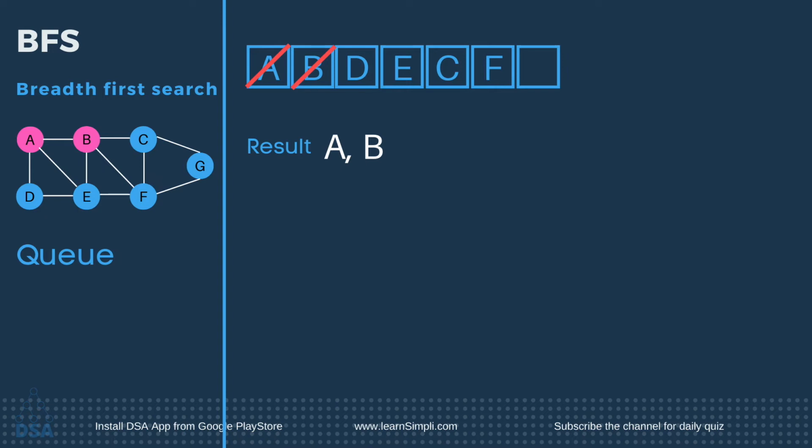Next vertex is D. So now we will delete D, store it in the result and mark it as visited. The nodes that are adjacent to D are A and E. A is already visited and E is already inserted. So we will move to the next vertex, that is E. This process of finding the adjacent nodes of the vertices is called exploration of a node.